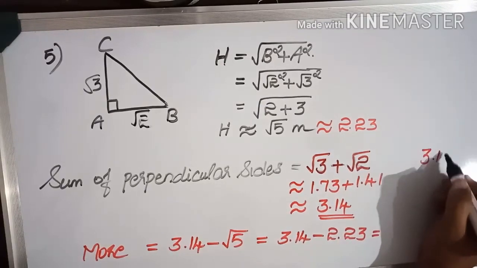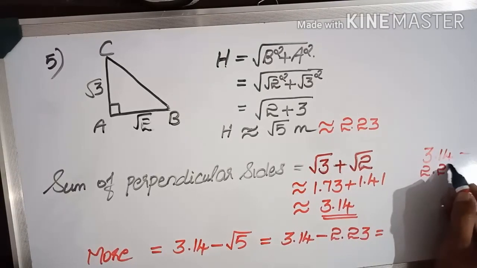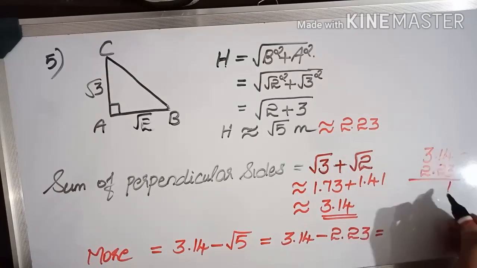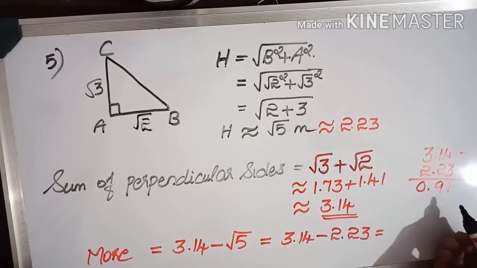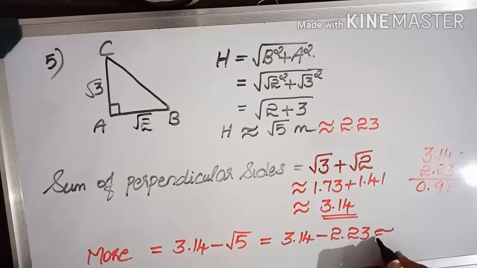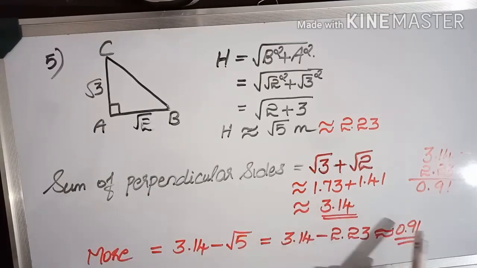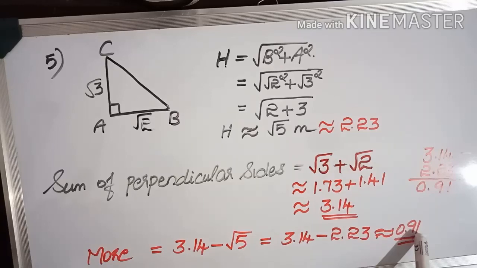So 4 minus 3 is 1. Here 1 minus 2 is not possible, so 11 minus 2 is 9. Then 2 minus 2 is 0. That is 0.91, approximately. That means the sum of the perpendicular sides is 0.91 more than the hypotenuse. Okay, 2.23 plus 0.91 is the sum of these two perpendicular sides. So this is the answer for the fifth question.